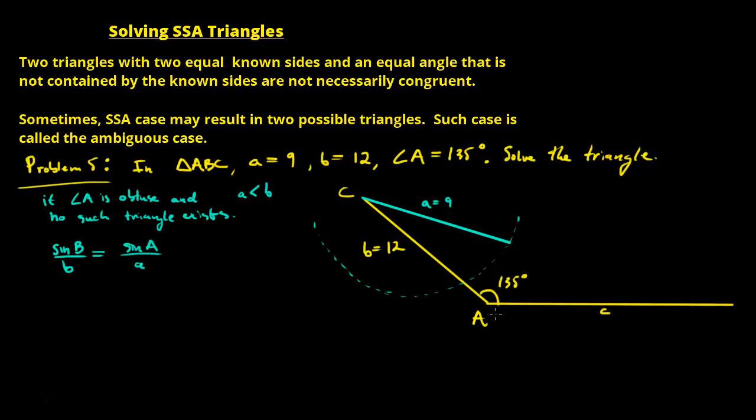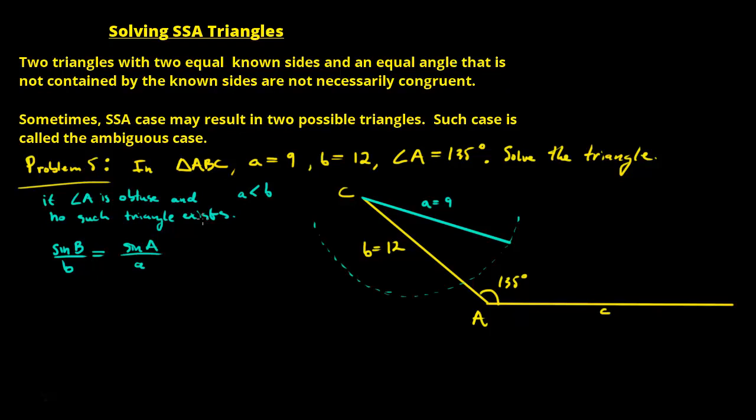So what that means is that there's no possible triangle in this case. There's no triangle such that a side that's opposite of an obtuse angle is shorter than another side. Okay? So if A is obtuse and side a is less than side b, then no such triangle exists.